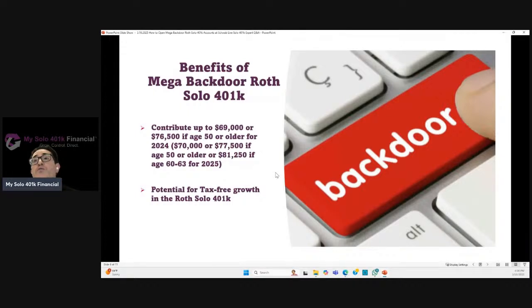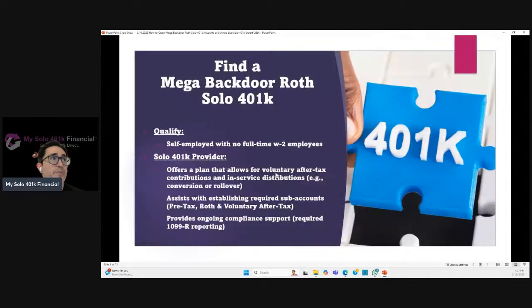For 2025, the limit increases to $70,000, or $77,500 if they're age 50 or older, or $81,250 if they're age 60 to 63. And like any Roth account, the benefit is that you've got that potential for tax-free growth.